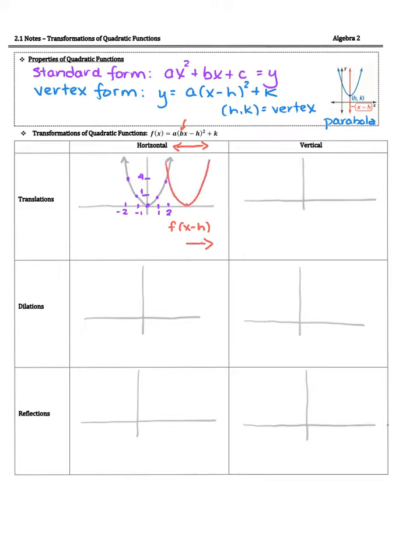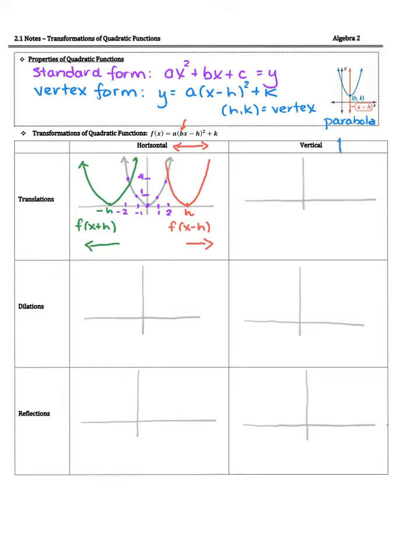So that would move you over to here, positive h. If what you saw was f of x plus h, horizontal always acts in reverse, so that would move you back in the negative direction. Okay, so those are your horizontal translations.